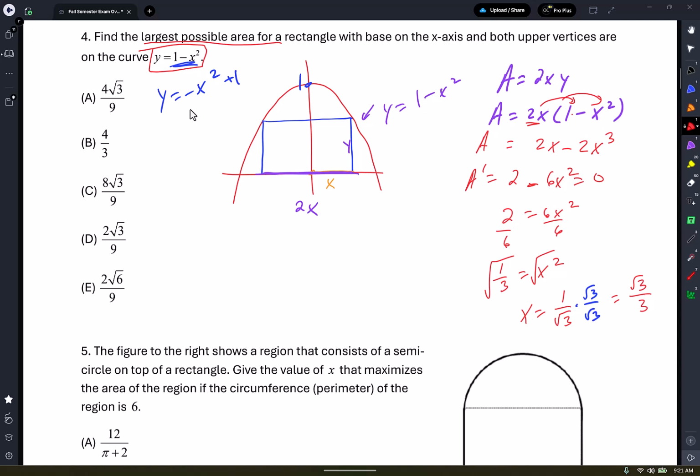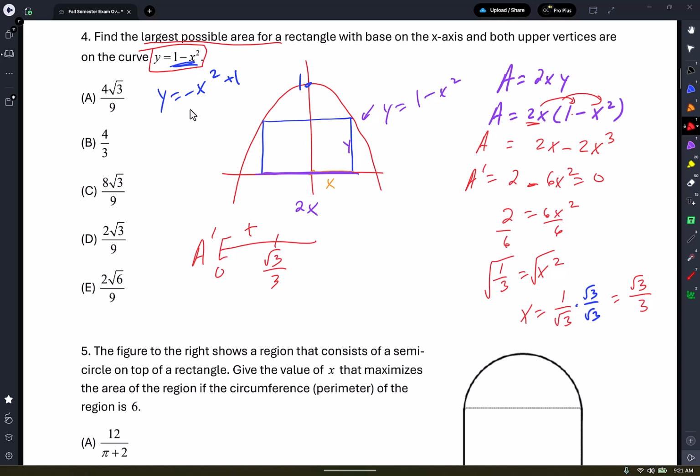All right. Is this a max? Well, if I do a number line for A prime, and I start at 0, and I put here square root of 3 over 3, if I pick a number like 0, notice that 0 squared is 0, and 2 minus 0 is positive.